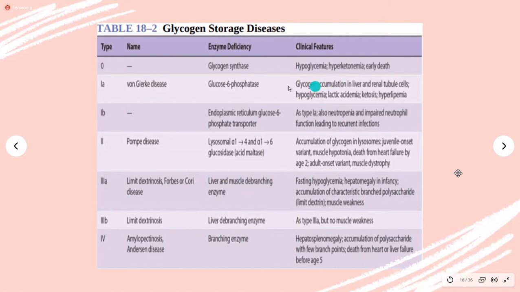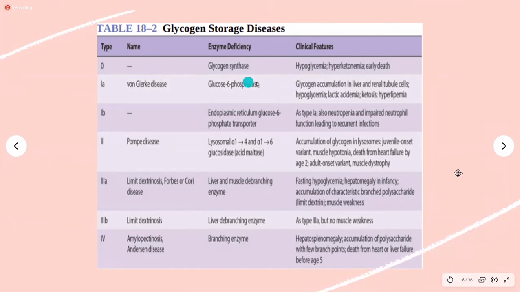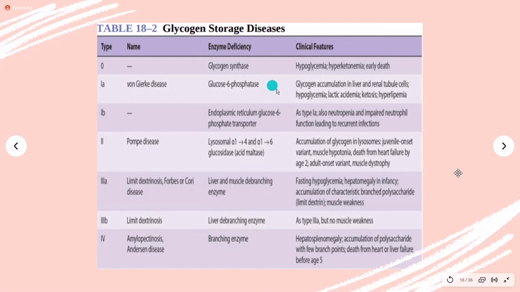Because once the glucose becomes glucose 6 phosphate, no phosphatase, no removal of the phosphate, so it cannot become free glucose. So there is no breakdown of the glycogen. It will always be at glucose 6 phosphate and then revert back to glucose 1 phosphate and then go back again by glycogen synthase to form glycogen.